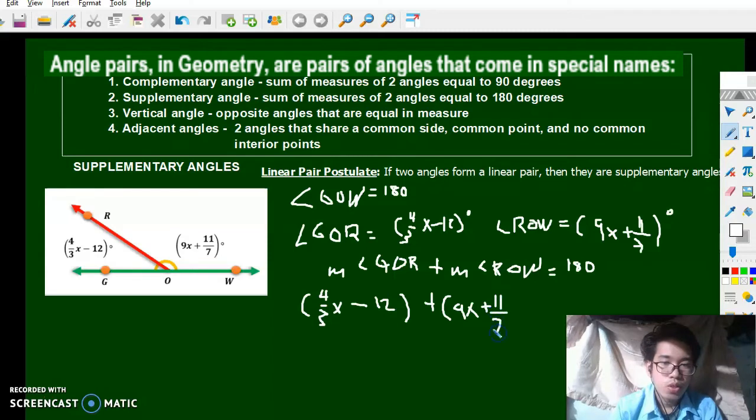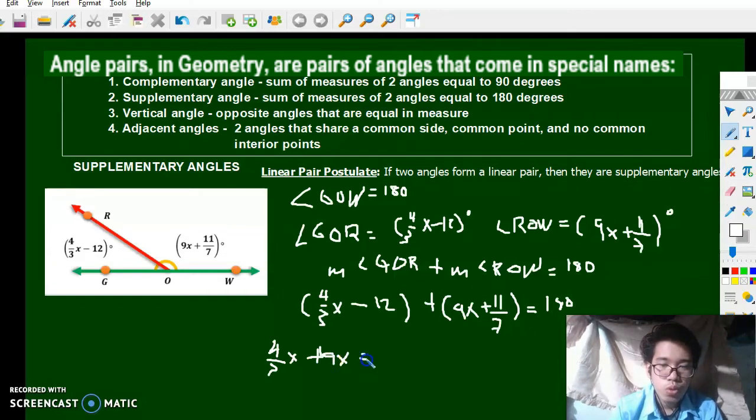So we have that equation laid out, equal to 180 degrees. Our next step, of course, is to isolate our variables on the left side, so that's going to be 4/3 x plus 9x. All of our variables are on the left side, and on the right side we have our constants.